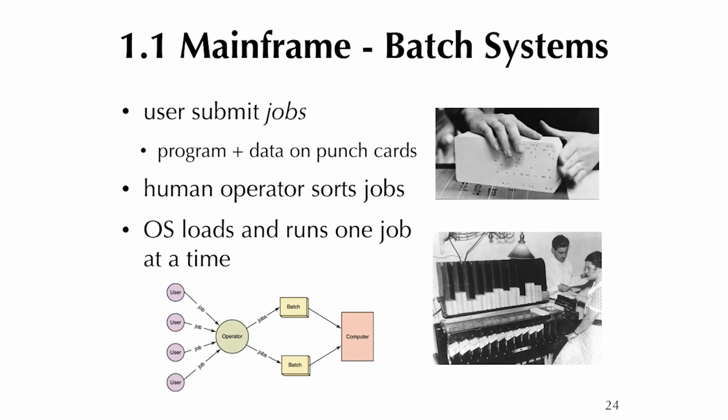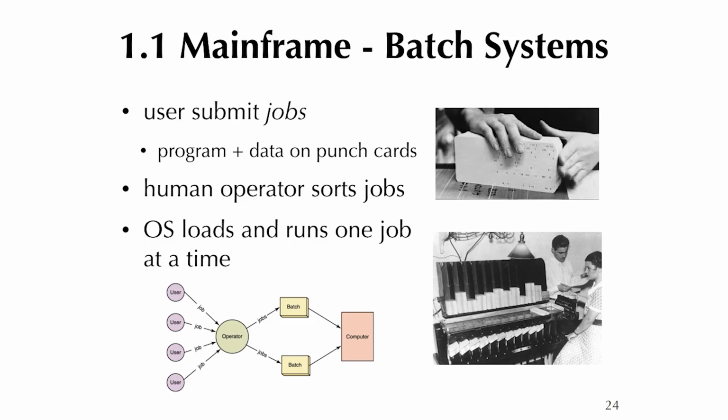So in the earlier days, how do you write a program or input data? You use punch cards. It's like, what? Punch cards? These are cards where you type on a keyboard, which punches holes. And why? Because this is machine readable.